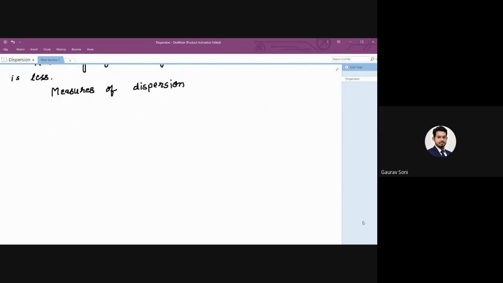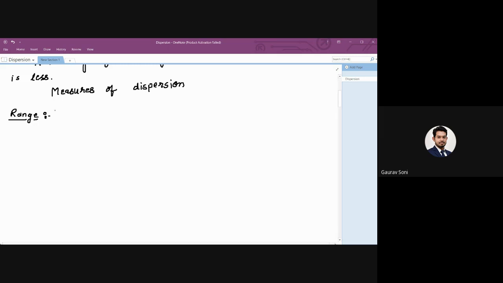While studying the first unit, we saw what range is, and range is the best rough estimate when we talk about dispersion. If the range is more for a certain data, I can say that yes, these are widespread observations.